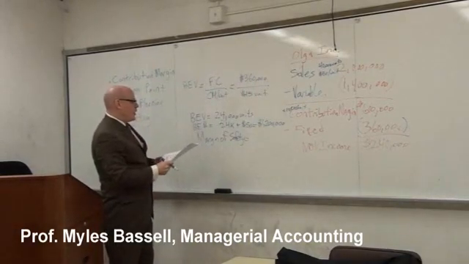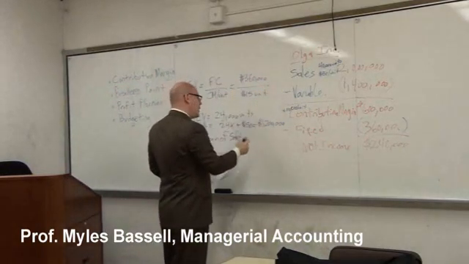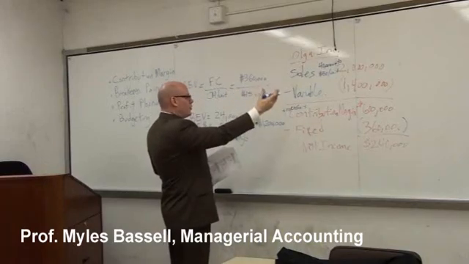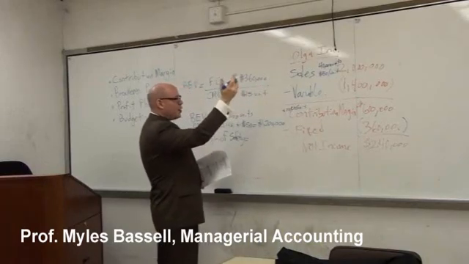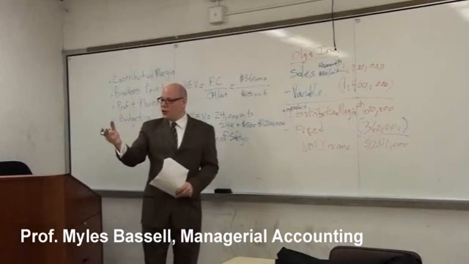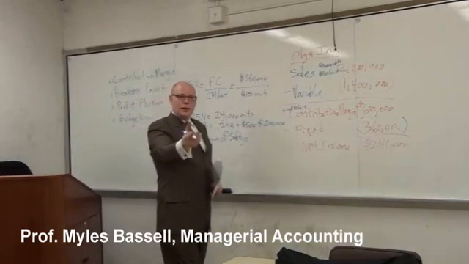So the margin of safety is the difference between the level of sales, which in this case is 2 million, and the break-even sales. That means that the margin of safety in terms of sales is $800,000. That means that sales could drop $800,000 before we hit break even.